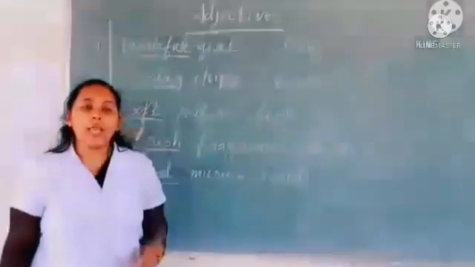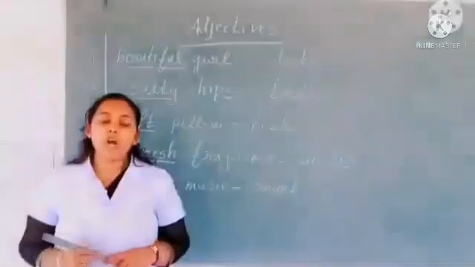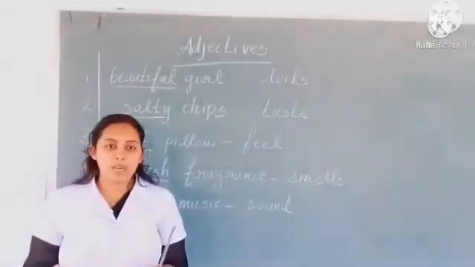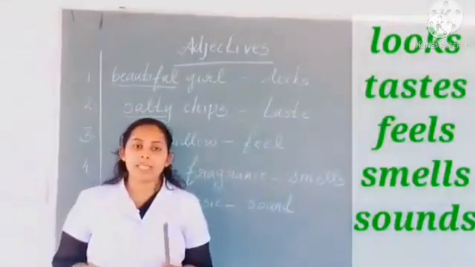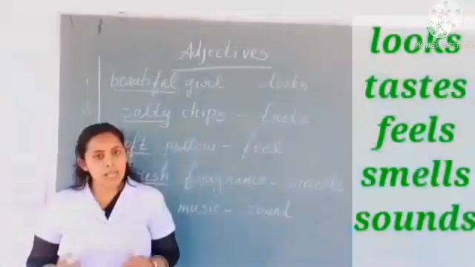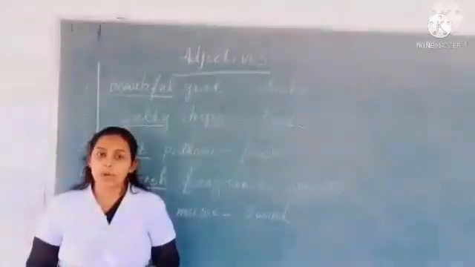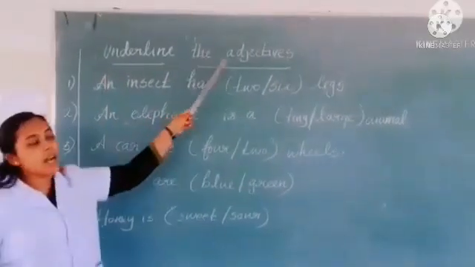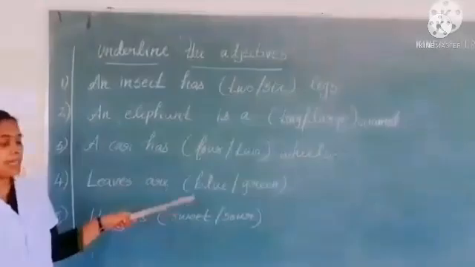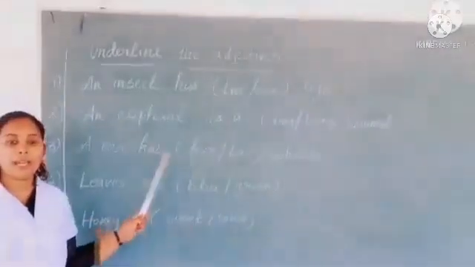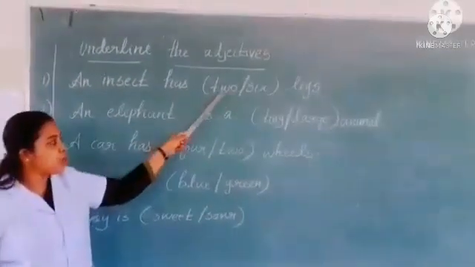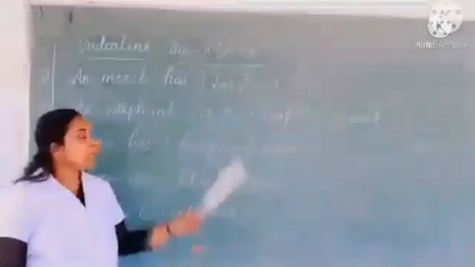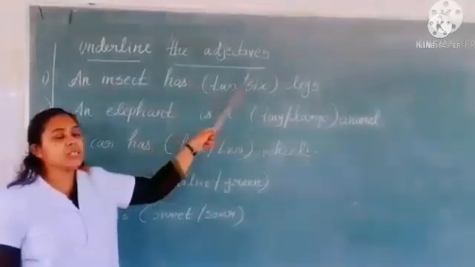So children, an adjective also talks about how someone or something looks, tastes, feels, smells and sounds. And we can see some more examples. Underline the adjectives from these sentences. The first one, an insect has 2 or 6 legs.